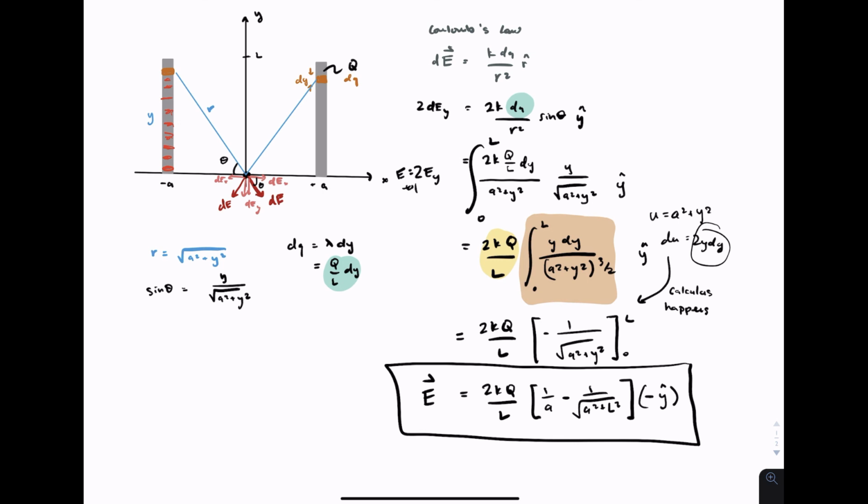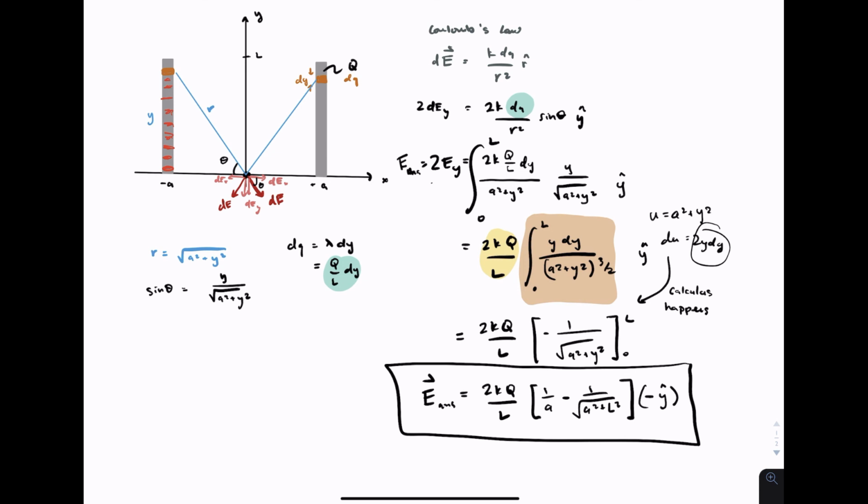You have to do twice that to get it. This got messy. Let me move that over. What I really meant was E total. I'm out of space. There we go. So our E answer is equal to that, which points in the y direction.